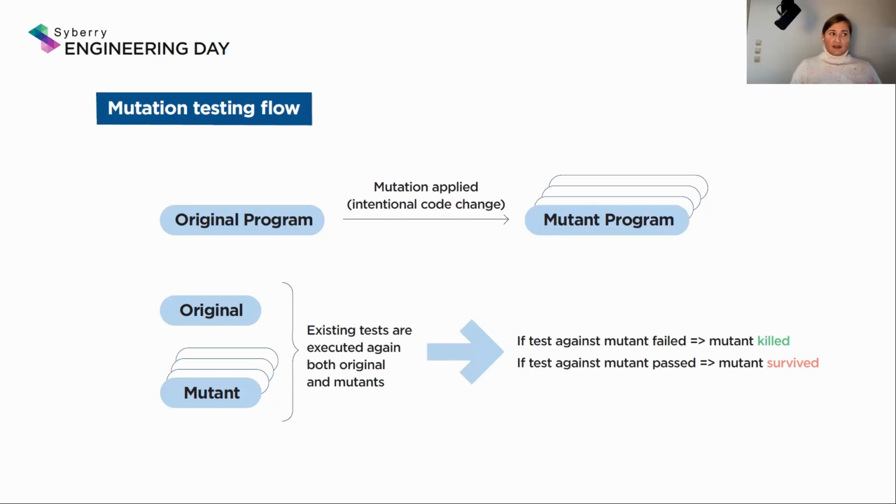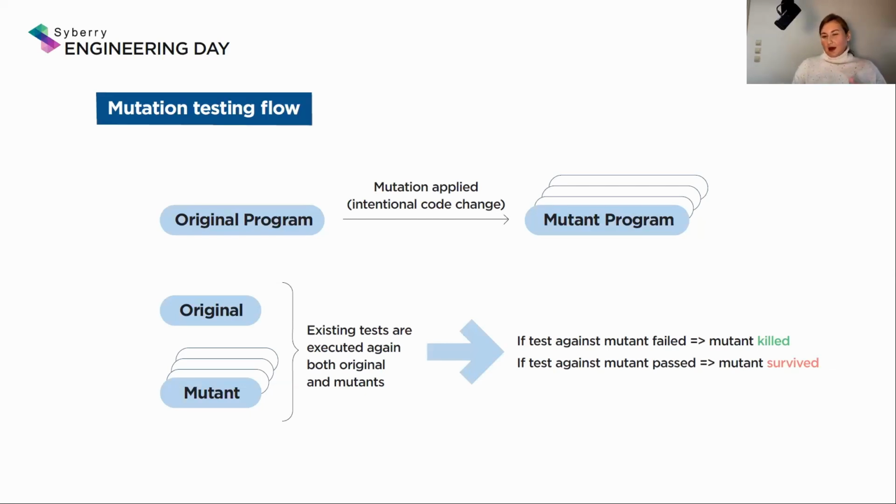The framework intentionally modifies some pieces of code, and then we can check if our original tests, which are passing on the original program, fail, because this is what we expect them to do.